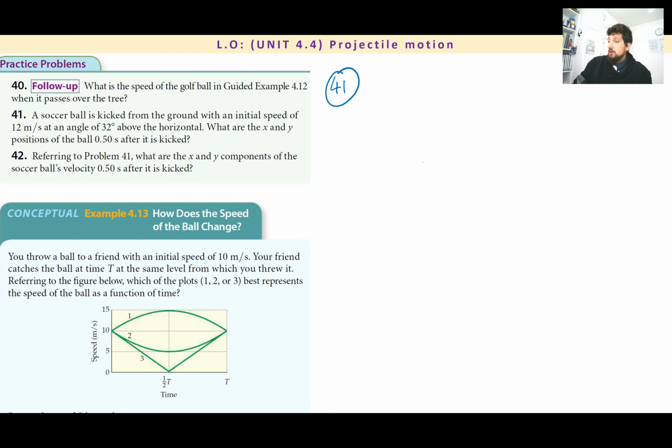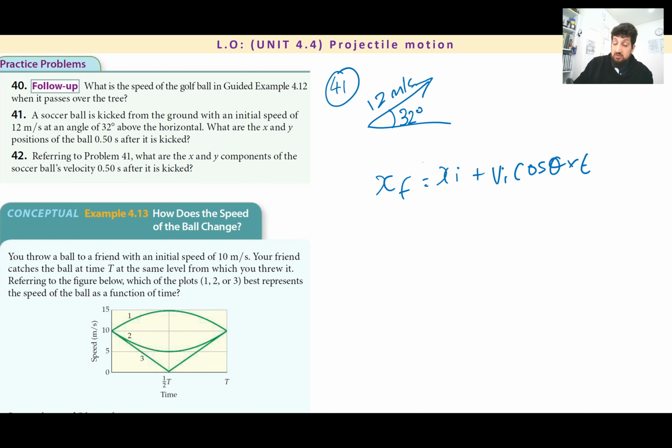Okay, let's have a look. So 41, the soccer ball is kicked at 12 meters per second and 32 degrees. So you want the final position in the x-axis, which is going to be xf equals x initial plus Vi cos theta multiplied by time. Of course, now we're talking about position, so position does change with time, but velocity doesn't, so that's why velocity didn't have a time in the x component, but position does.